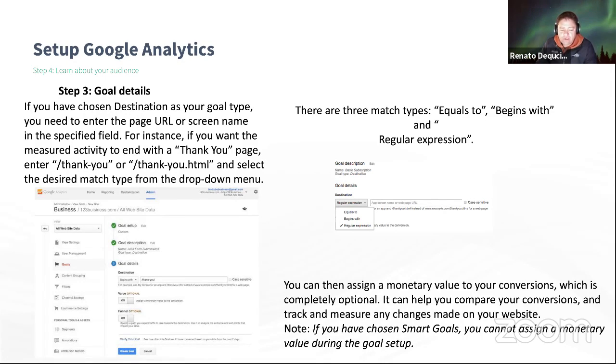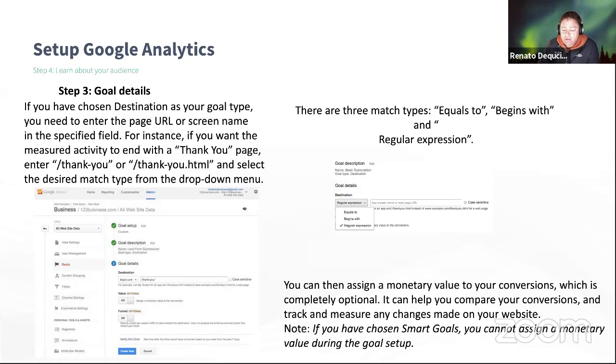This option gives you an expression if you want. You can choose what the expression is. So it could be equals to, begins with, or you just type in a regular expression if you know what the expression is. Again, it's optional. And it helps you compare and measure conversions and any changes from the changes you've made on your website.